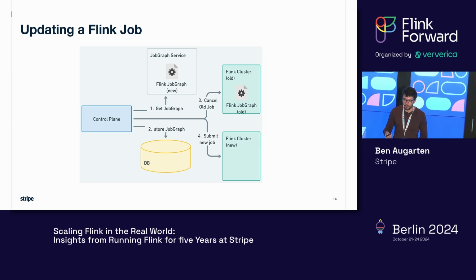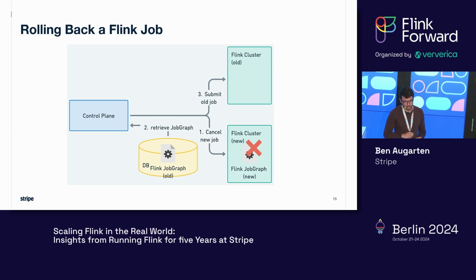This is really important because at Stripe, users often use things like S3 or feature flags or dynamic configuration to produce their job. And that way, if that kind of configuration has changed since that job was deployed, we make sure that we're actually using the same job graph with the same state on the same cluster during the rollback.